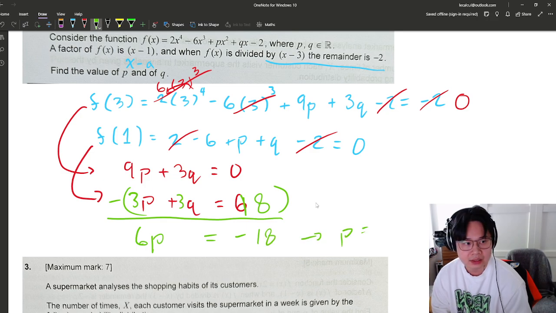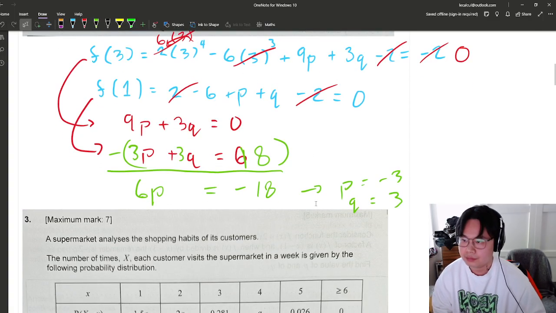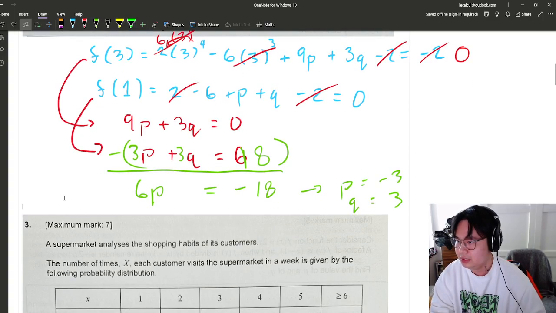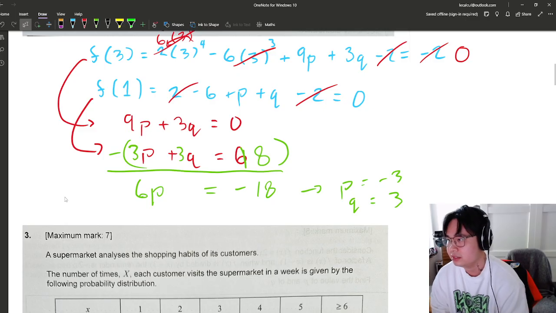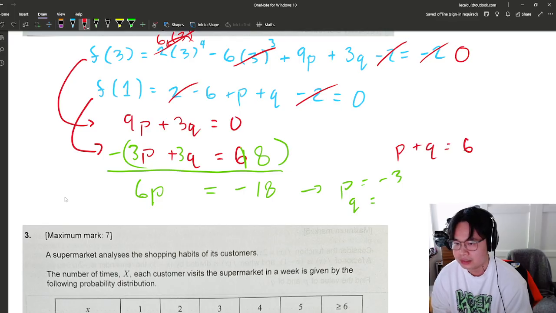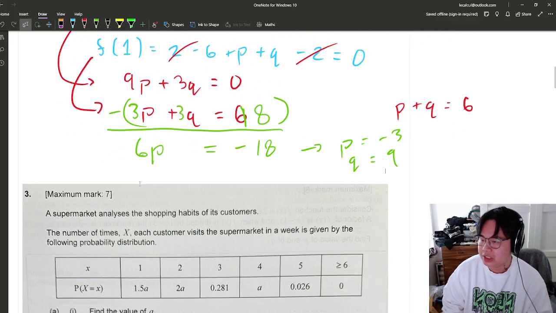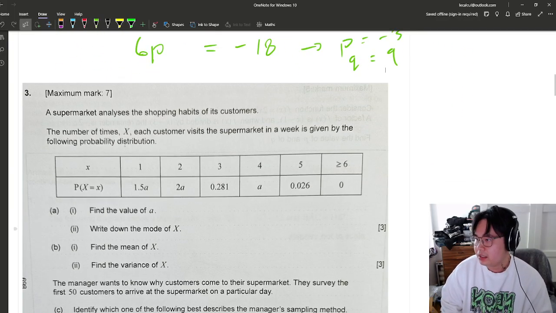That means that p is negative 3, which means that q is positive 3. Positive 3? No. So p plus q is equal to 6, so q is 9. Yeah, pretty standard. Okay, question 3.